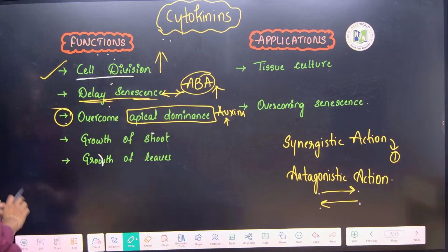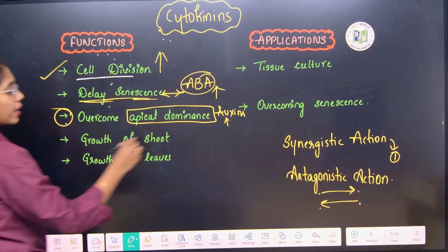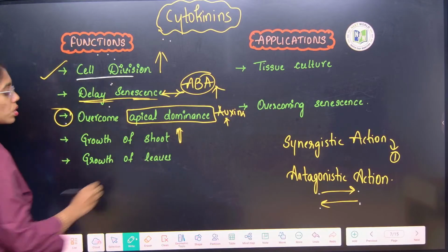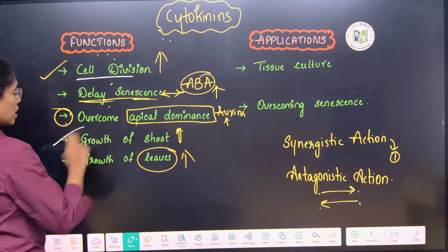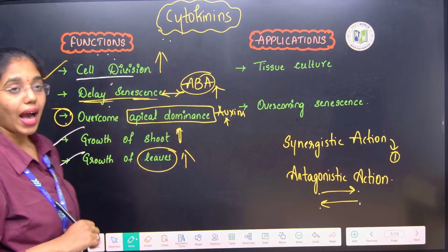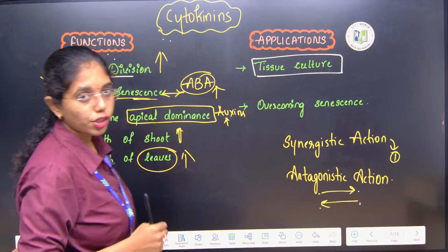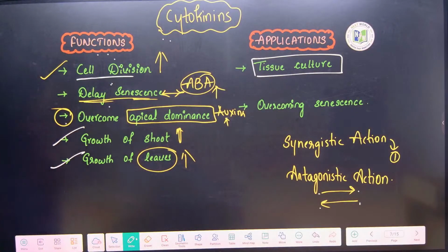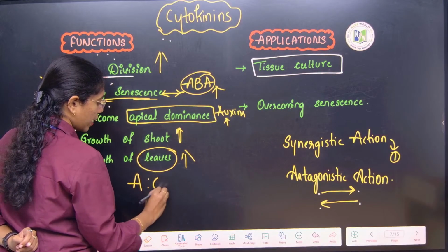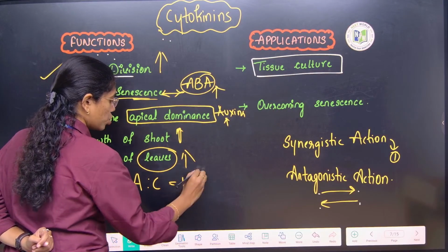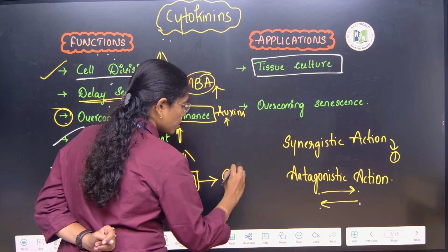Okay? And then growth of shoot and leaves. Okay? Increase in lateral branches or lateral shoots and increase in the number of leaves is by cytokinin itself. Now, applications of cytokinin are majorly used in tissue culture. This will be along with auxins. Remember, if auxins and cytokinins are in equal ratio 1:1, then this promotes the formation of callus.